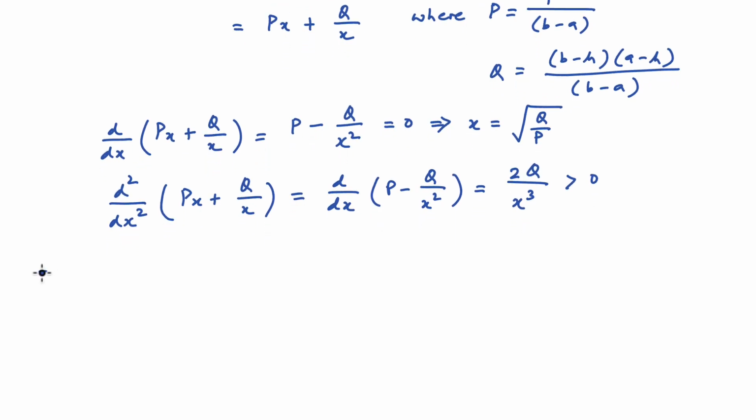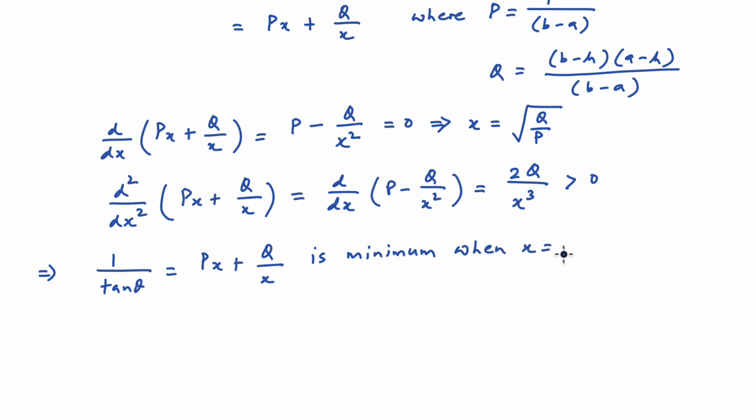Therefore, 1 upon tan theta, which is equal to px plus q upon x, is minimum when x is equal to the square root of q upon p.